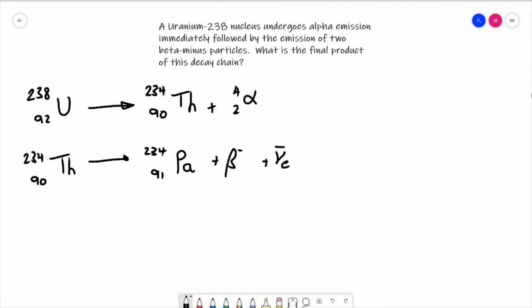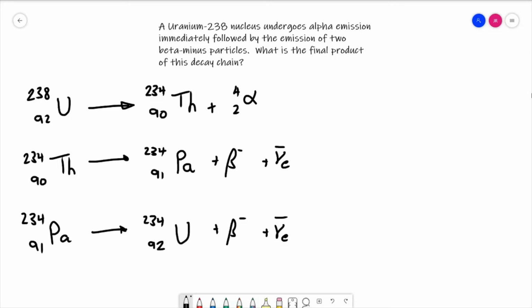We'll then do the second decay by beta minus, so 234 91 protactinium once again decays by beta minus with an anti-electron neutrino. The nucleon number once again stays exactly the same, but our proton number goes up by 1 again, so we're back to 92, which we know is uranium.